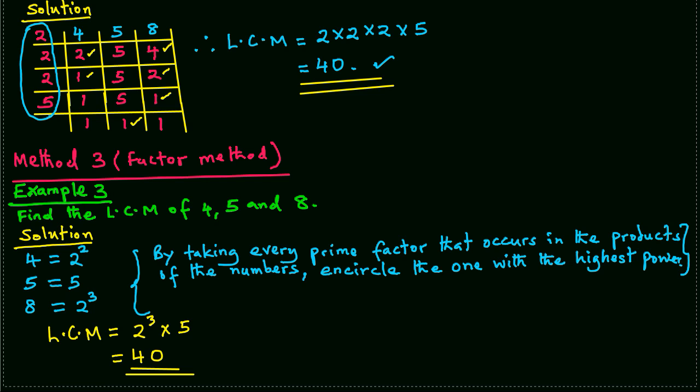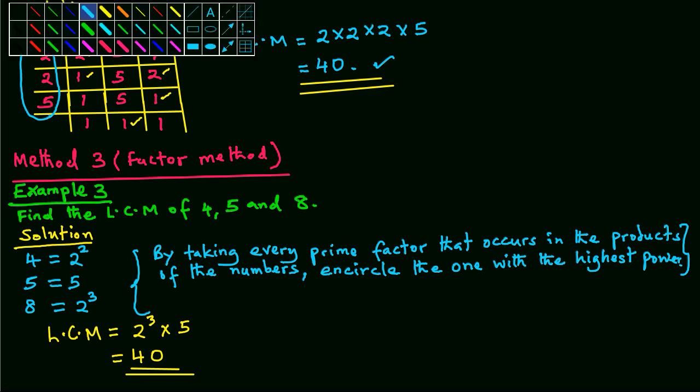So for example, we are required to find LCM of 4, 5, and 8. 4 expressed as a product of its prime factors is 2 squared. 5 is simply 5 power 1. And 8 is 2 power 3.